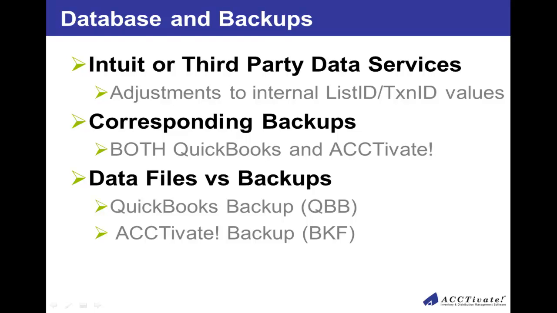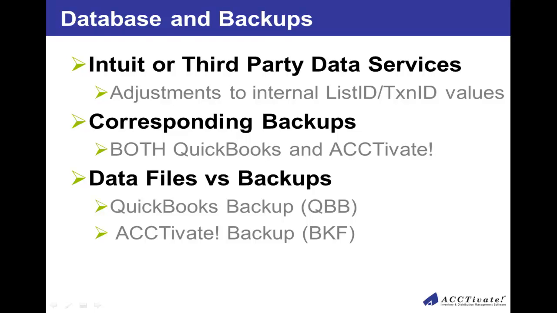Not very common, but I've actually heard rumors that the database verify and rebuild can sometimes recreate list IDs or TXN IDs. So what I recommend is get corresponding backups. Make sure you back up both your ACCTivate data file and your QuickBooks data file at the same time before doing any maintenance, just to be sure that if there are any problems, we can always go back to that backup and either roll back if it was a complete failure, or we can actually look at the old data to figure out what the ID values were before and what they are now, and we can assist you with trying to get those resynchronized.